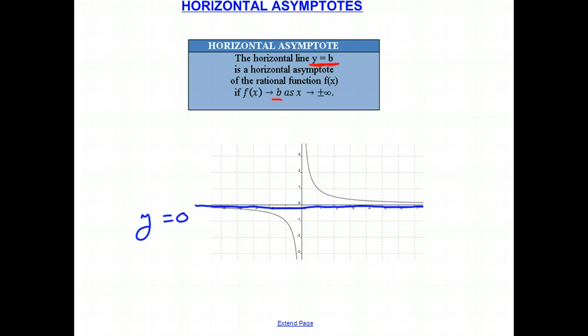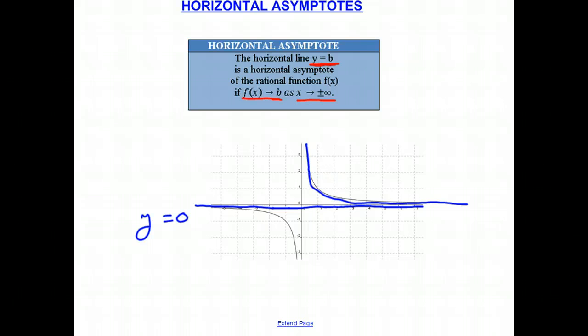And what it's saying is, as f of x approaches b, in this case, as f of x approaches 0, notice that as x keeps getting larger, f of x is getting closer and closer to 0, but never reaches there. So as x approaches infinity, f of x is closer to 0 in this case.